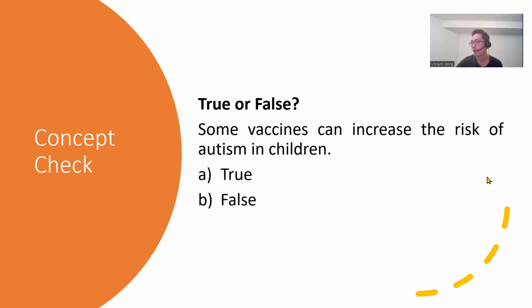Okay. Long story short, this is false. The reason why this was a thing is because, I forgot when, maybe 10, 15 years ago, or even 20 years ago, there was a medical doctor and scientist who published a paper linking the MMR vaccines, the mumps, rubella, and measles vaccines, with autism.